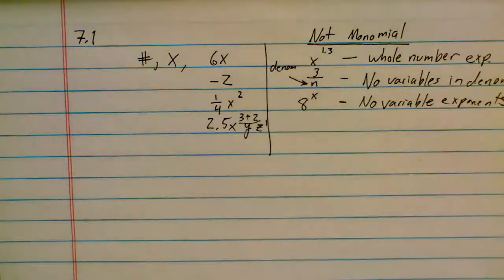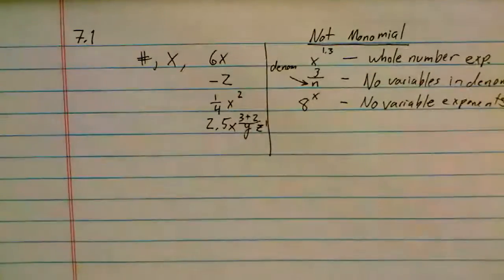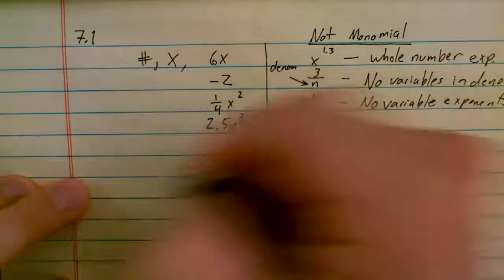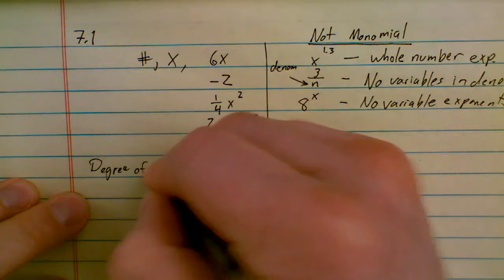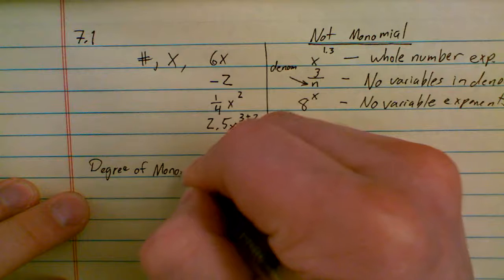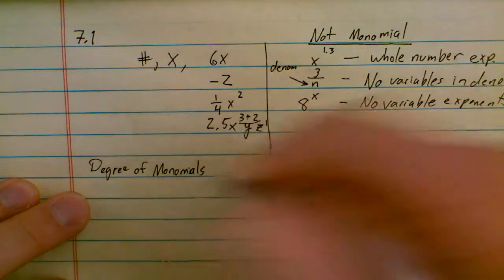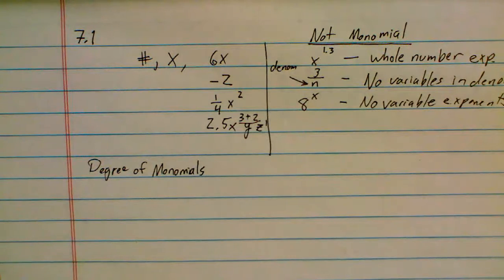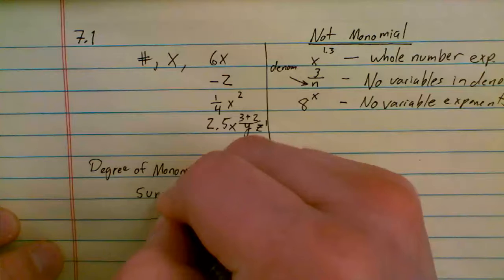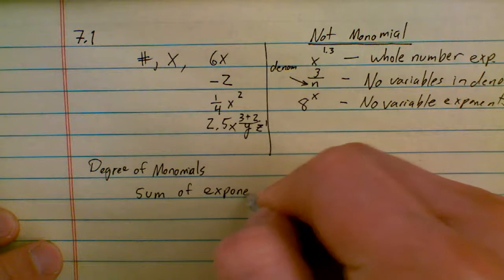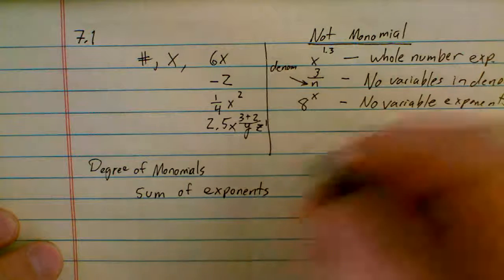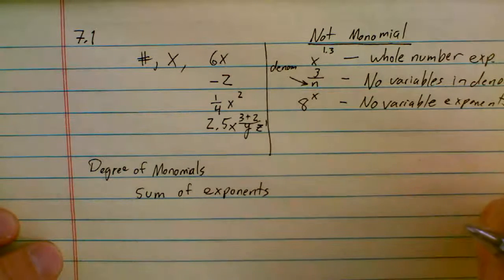All right, so I mentioned earlier the degree of monomials. The degree of a monomial is the sum of exponents of the variables in the monomial.